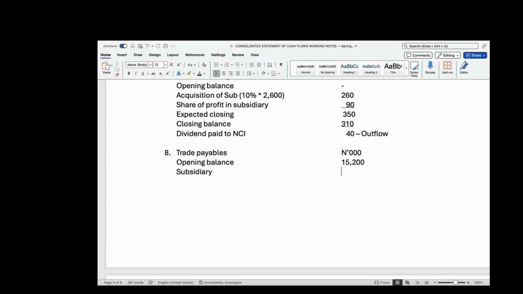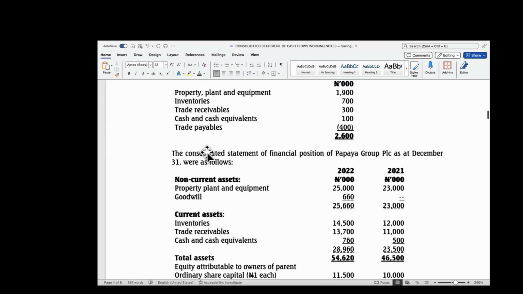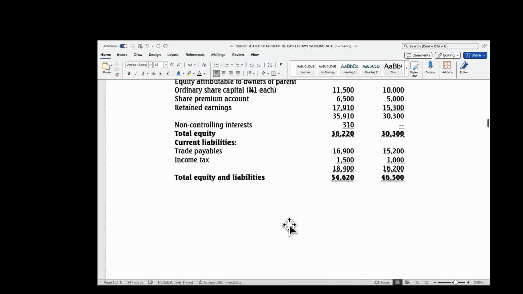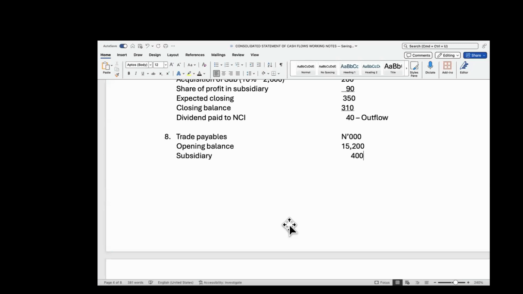Subsidiary, what was the subsidiary trade payables? Was 400. What was the expected closing? 15,600.